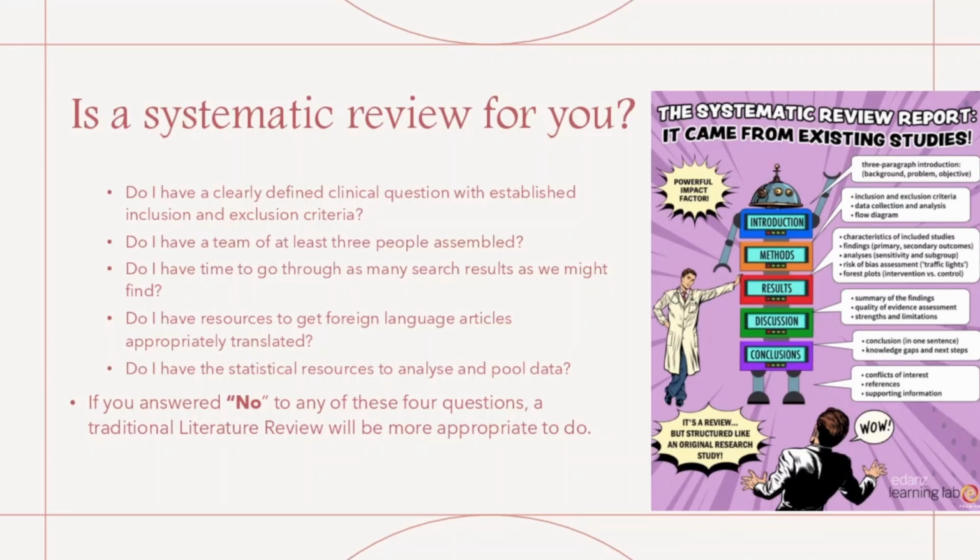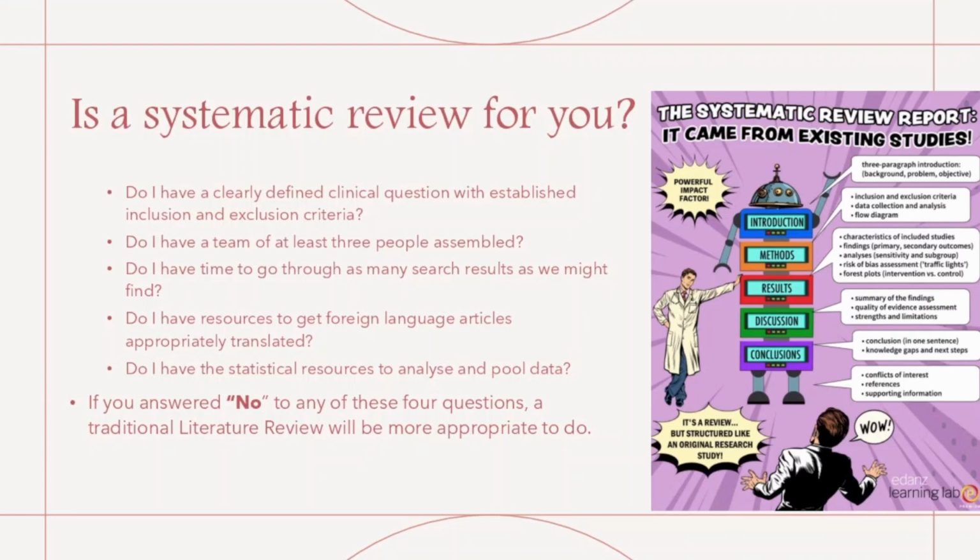So it's not something you can cheat your way into. It is actually compulsory to specify who did what when performing a systematic review and having it published. Then, in order to decide if a systematic review is your article of choice, you should ask yourself if you have enough time to go through the results that you might have found.